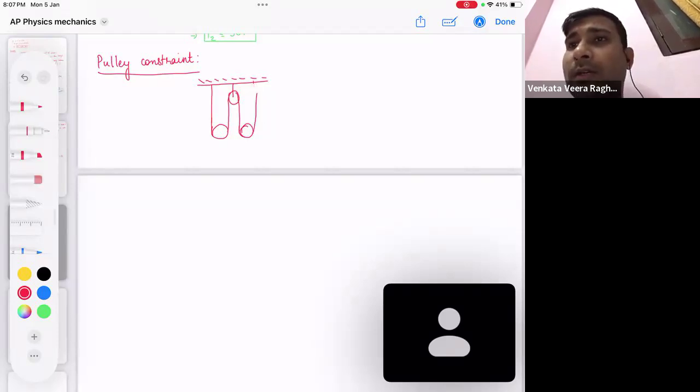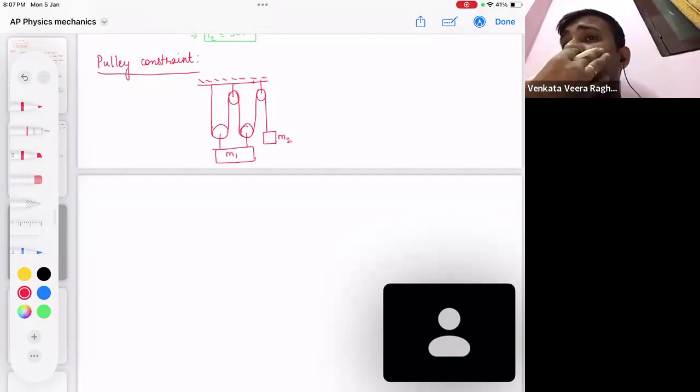This is how it is connected, and there is one block connected here. These two pulleys are connecting the other block. This is the M1 block and this is the M2 block.